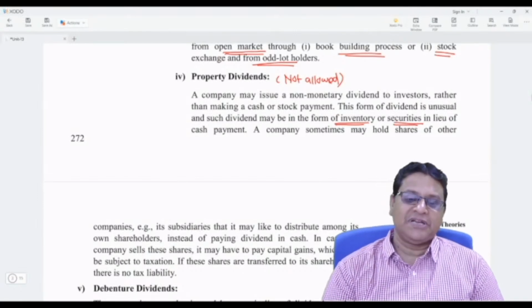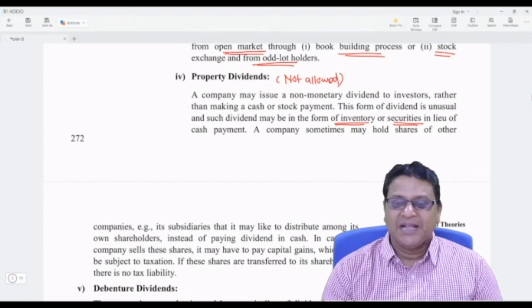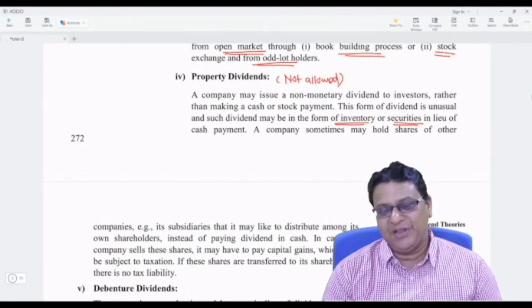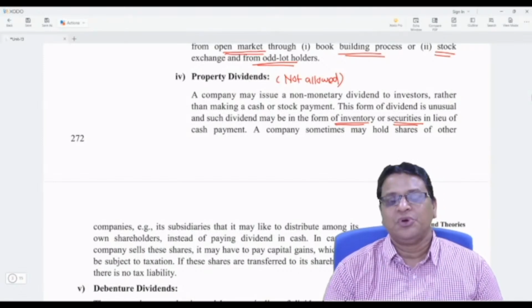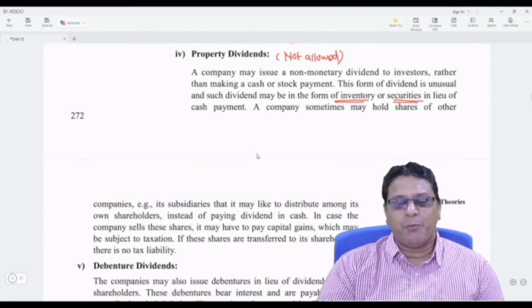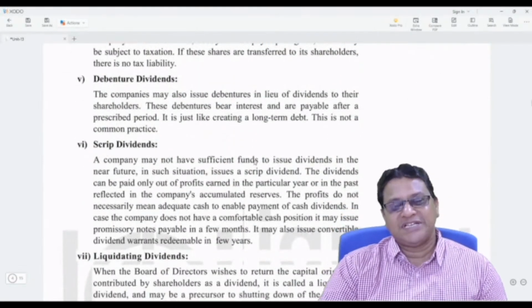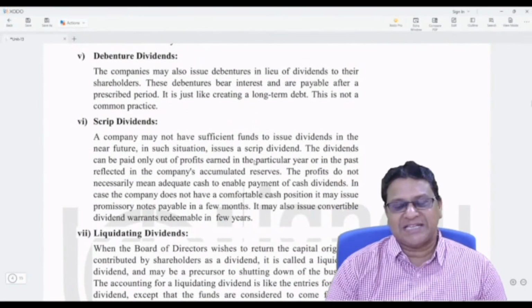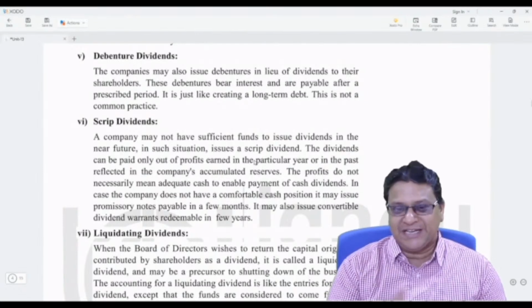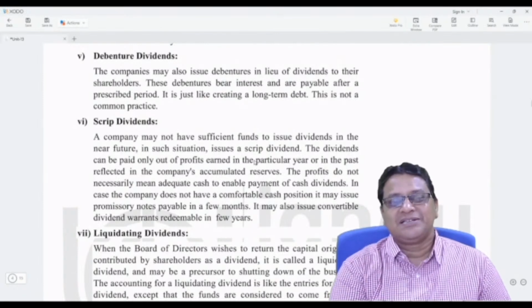Next, property dividend. So in case of property dividend, the dividends are paid in form of inventory or securities of which company? Subsidiary company. This is known as property dividend. Next one is debenture dividend. What is debenture dividend? In this case, instead of paying dividend in cash, the company issues debentures to the shareholders.